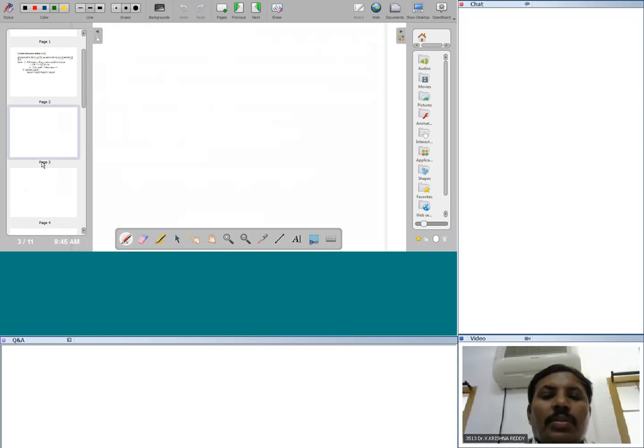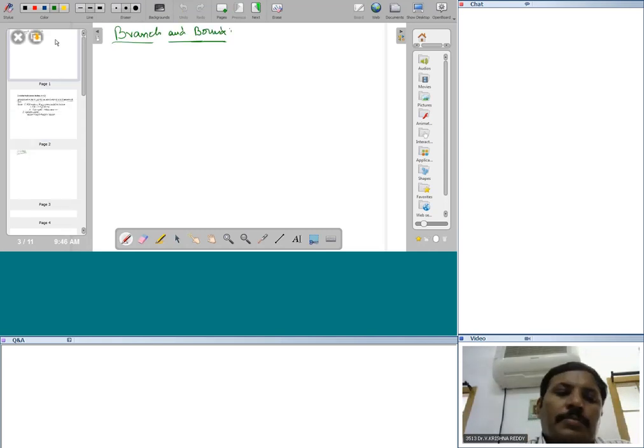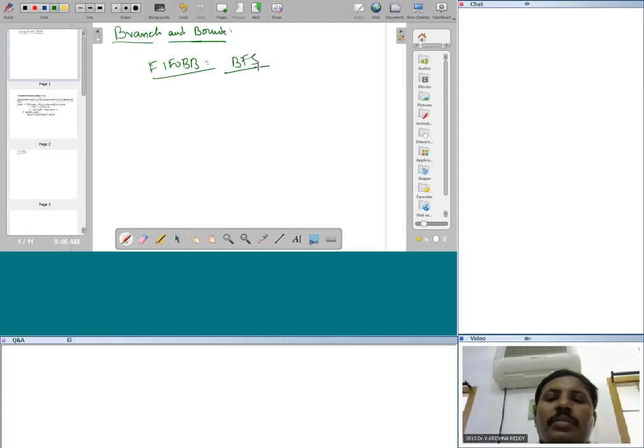The calculation will start by using node 1. Which method are we using? The first technique, FIFO BB, first in, first out, branch and bound. FIFO BB is nothing but BFS, breadth first search, plus branch and bound.